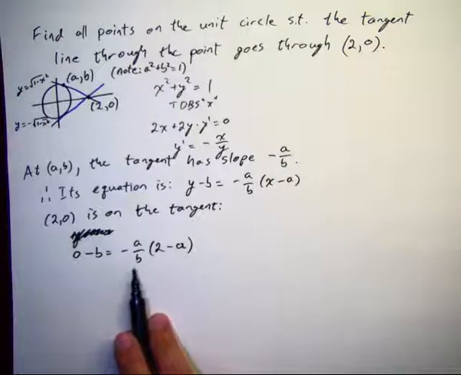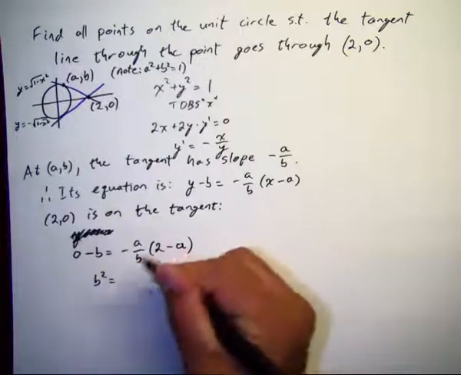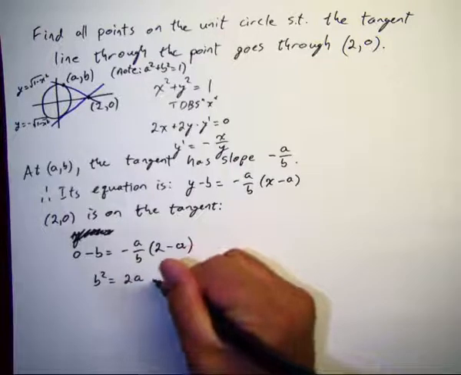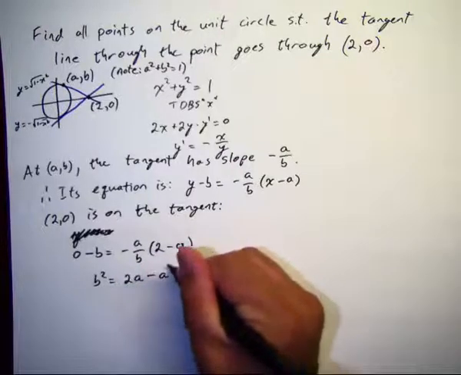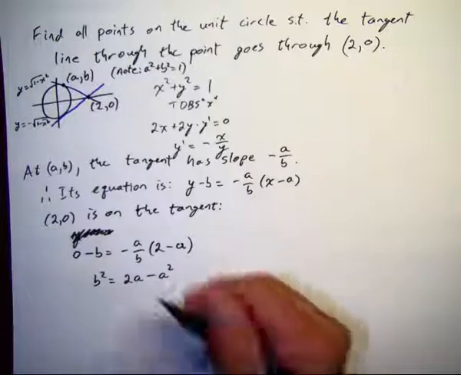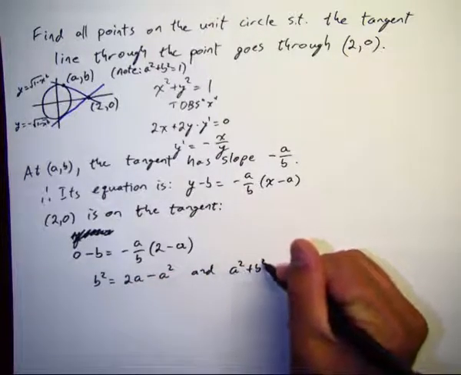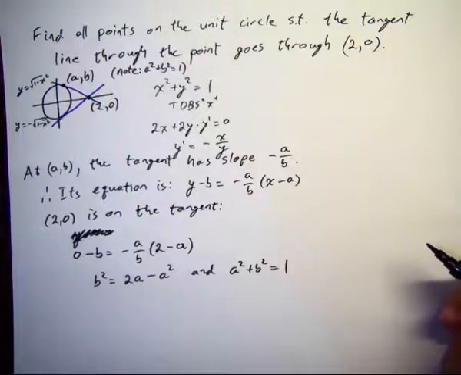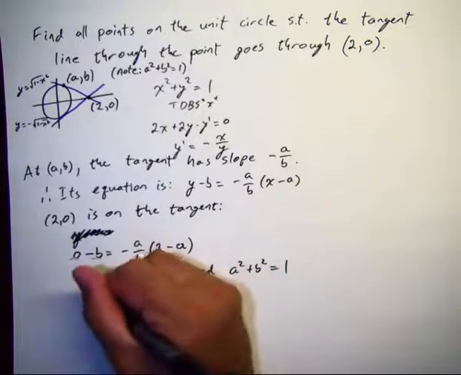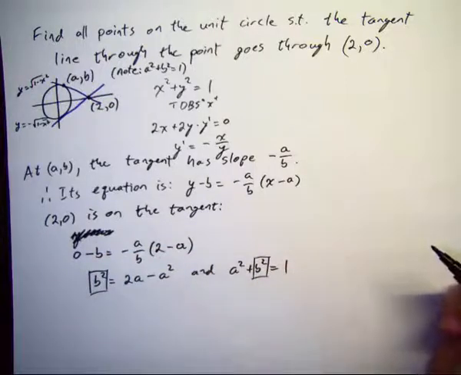Multiply through by b, or better yet by negative b, will give us b squared is equal to 2a minus a squared. And remember, a squared plus b squared is equal to 1. So I have b squared over here, b squared over here.